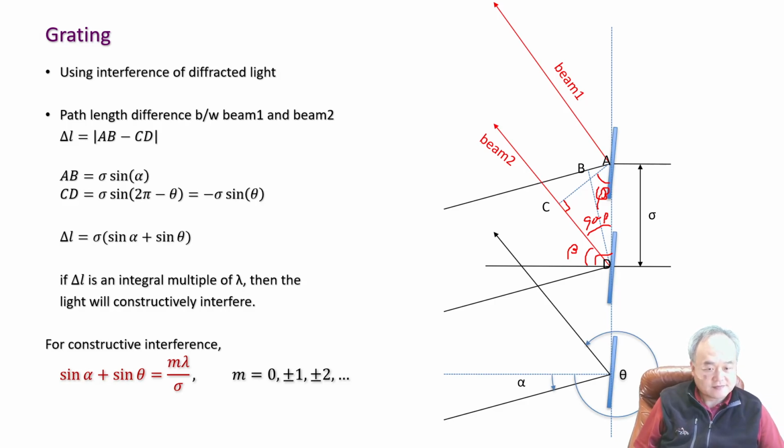Here, beta is in fact 2 pi minus theta, meaning that the length between the points C and D is sigma times the sine of the angle 2 pi minus theta.